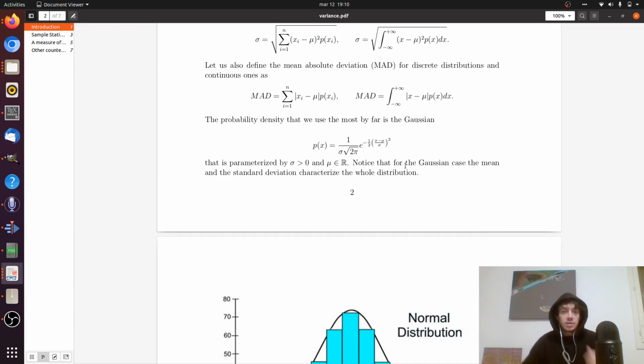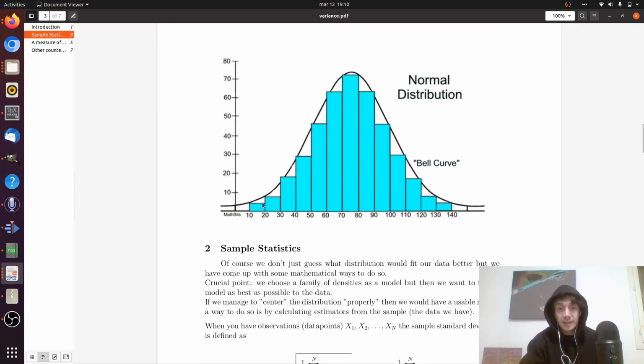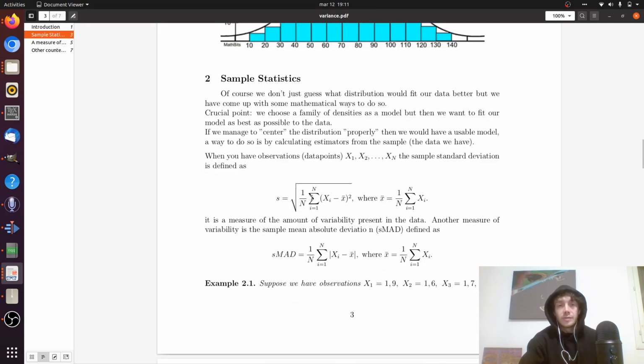One of the reasons we like to use it is because the mean and the standard deviation characterize the whole distribution. Once you know those, you can plot the entire normal distribution. So if you have data that comes in a histogram like this, you might want to use the normal distribution to model it.